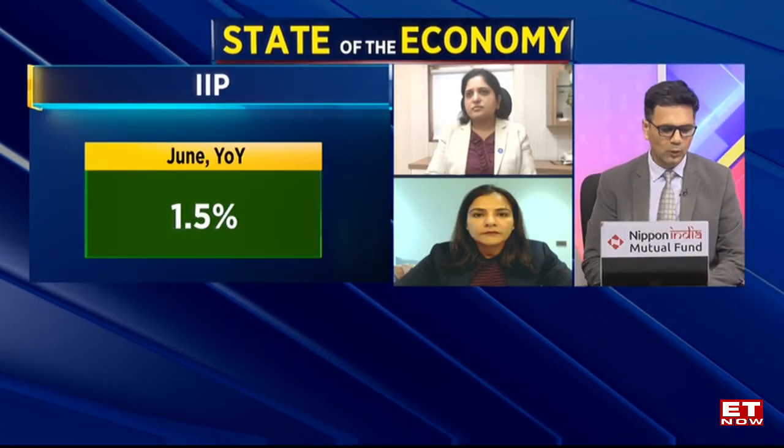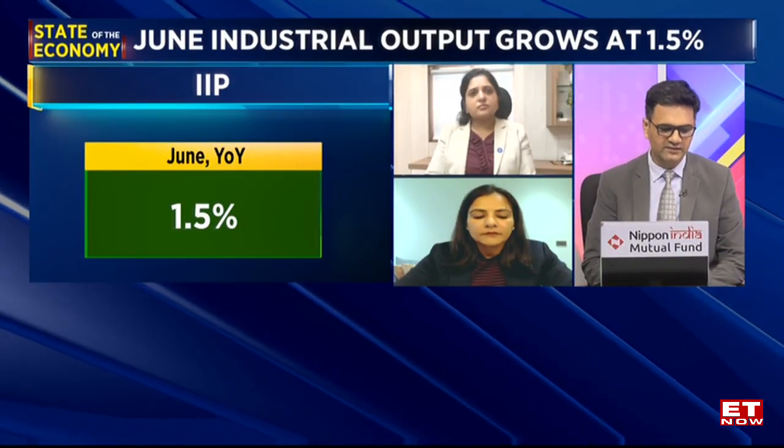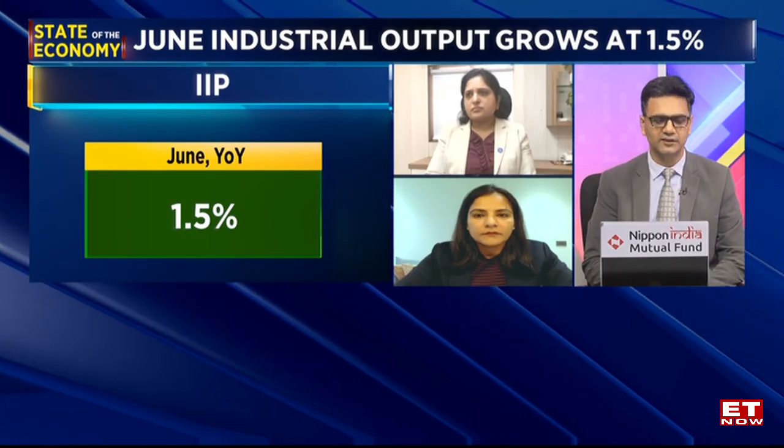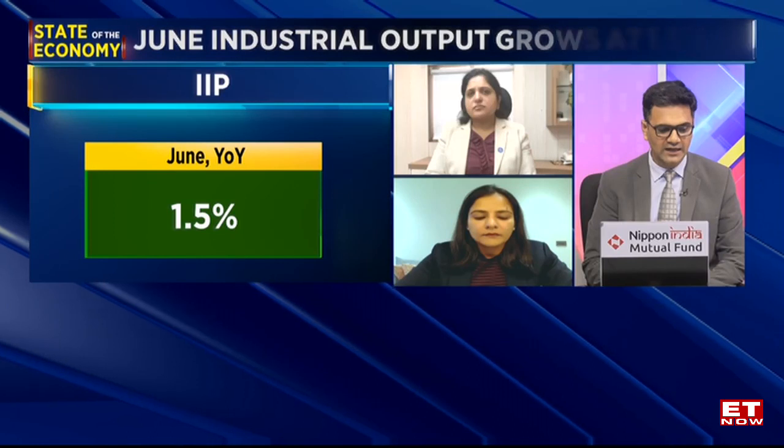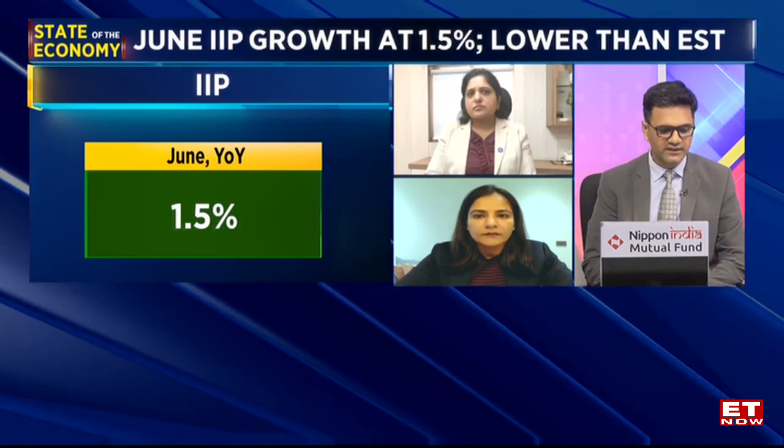All right, more granular details coming in for IIP numbers. Those viewers who have just joined, let me recap once again. IIP growth is at 1.5% versus 4.9%, while mining sector growth is minus 8.7%, electricity sector minus 2.6%, and primary goods output at 3% this time compared to 6.3% YOY.